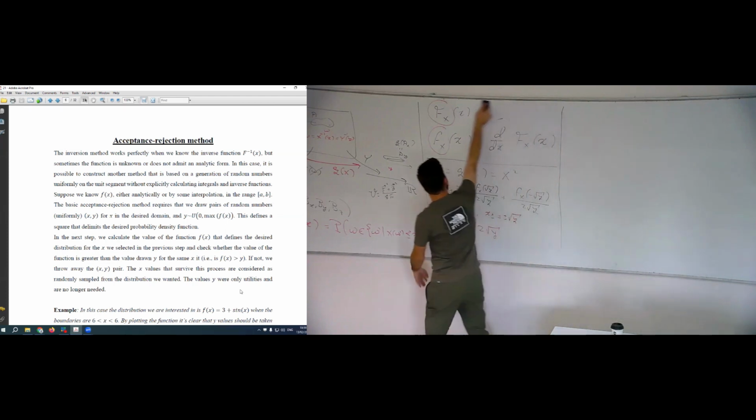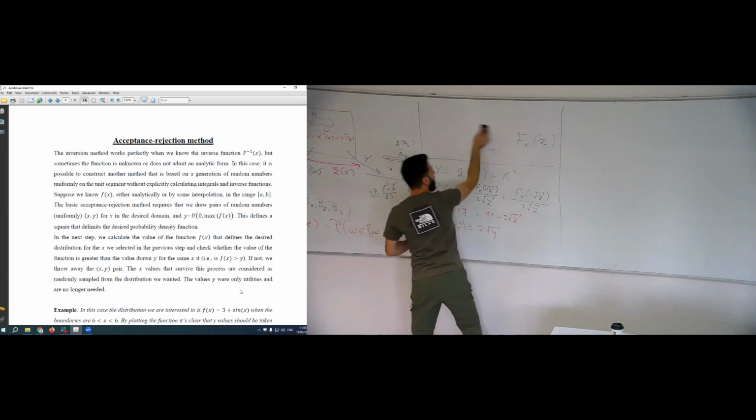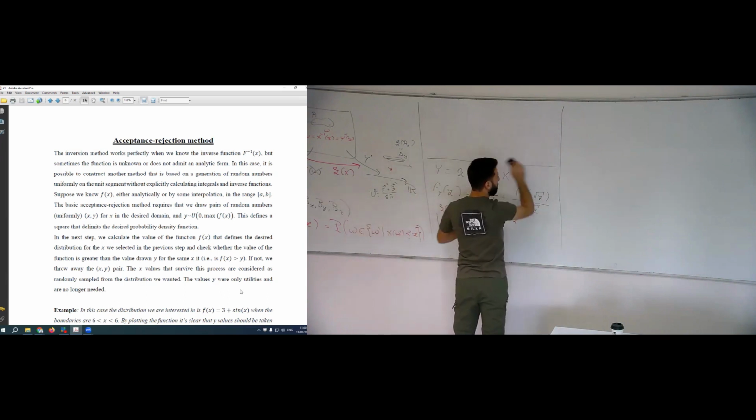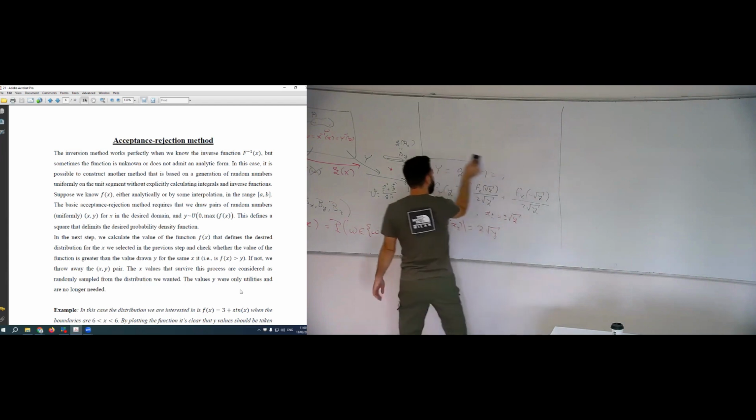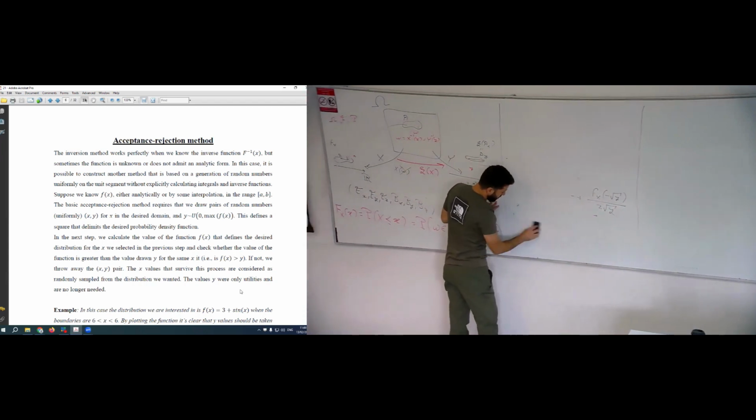Suppose that f of x, which is the PDF, we have it from, for example, interpolation or some data.